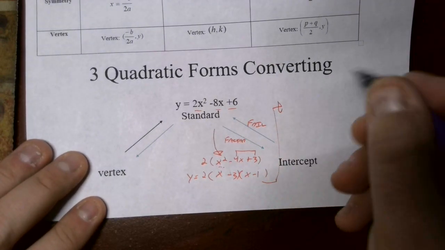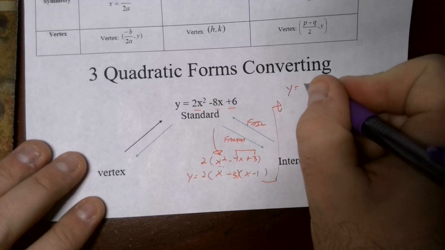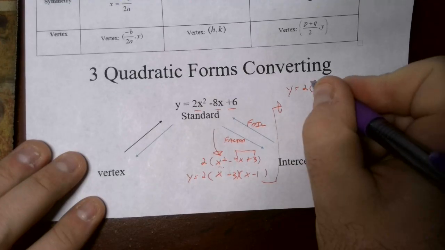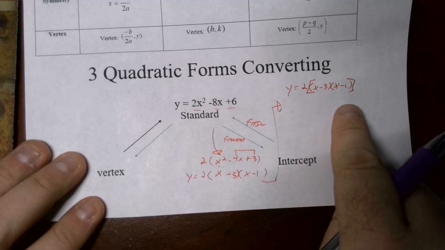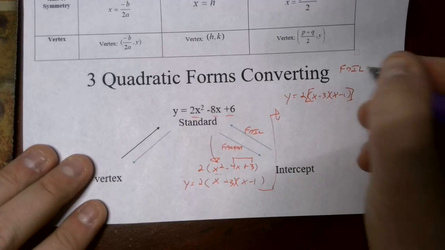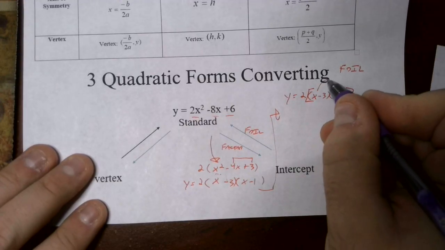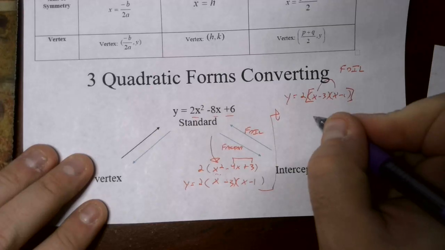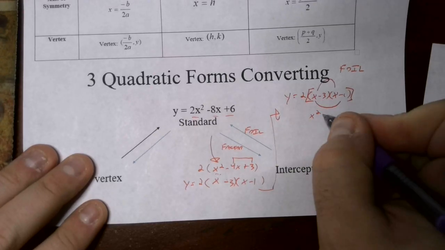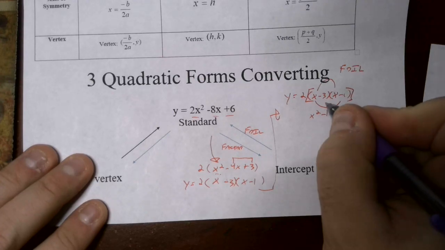So I want you guys to see that. So now I will take the double binomials and FOIL those first. The first terms would be x times x, x squared. Outside terms would be minus 1x.